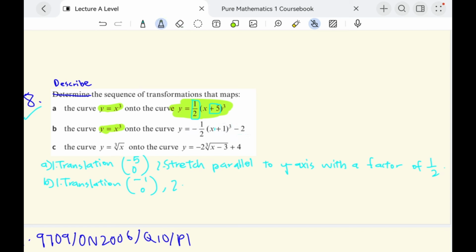So after I've transformed this, I need to say stretch parallel to the y-axis with a factor of half. Third, you can say translation.